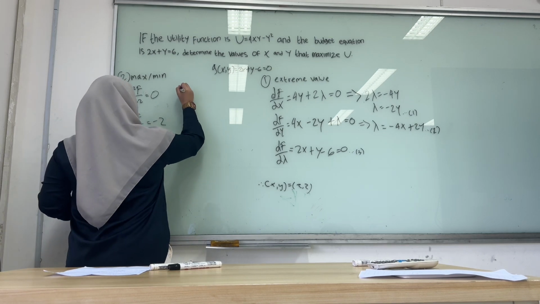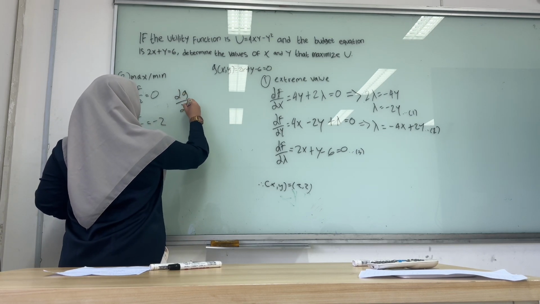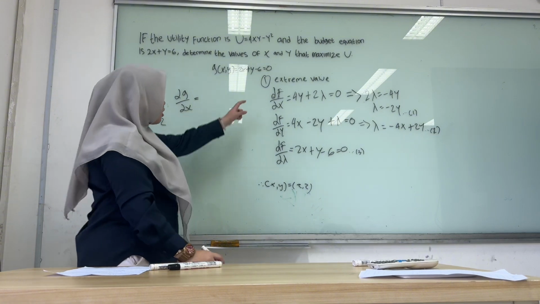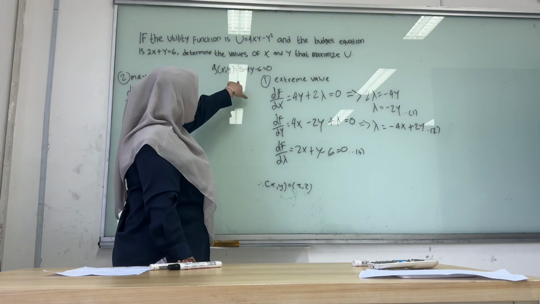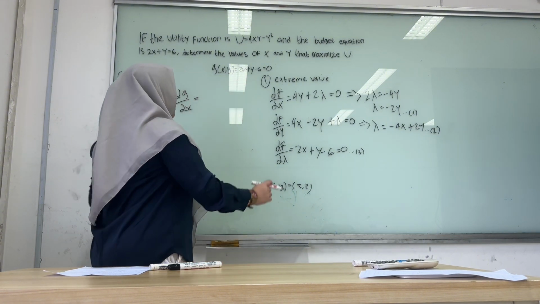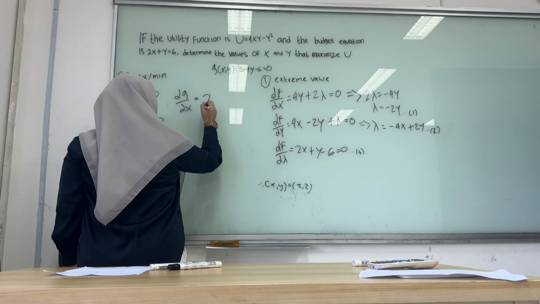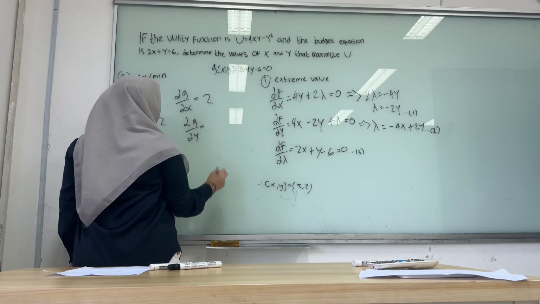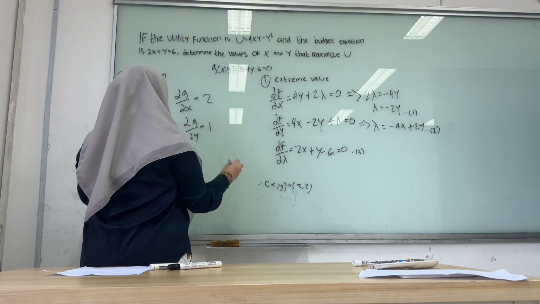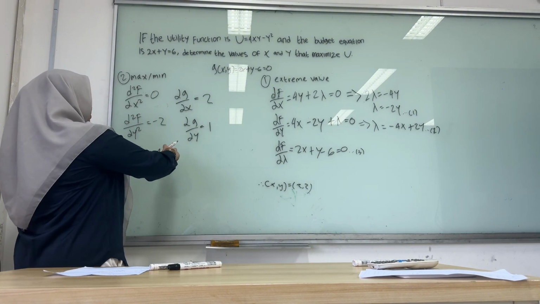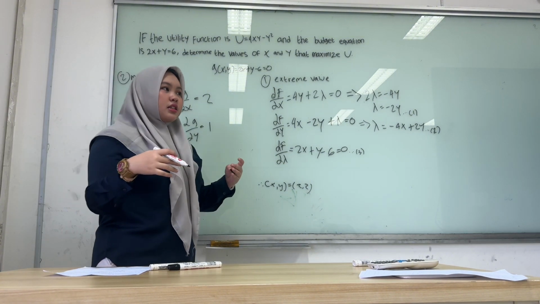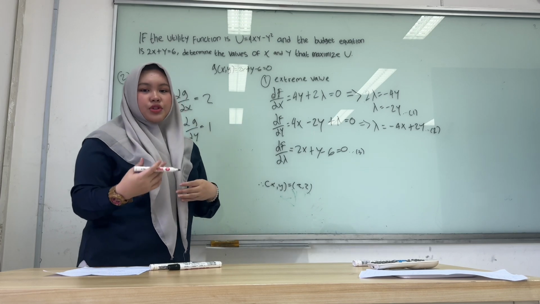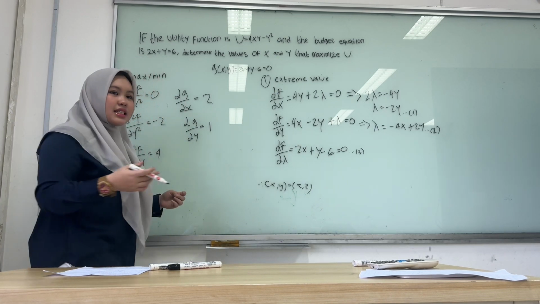And then dou g per dou x: in this equation, the x variable gives only 2, and dou g per dou y gives only 1. Okay, after this we can move to the next step, the Hessian determinant.